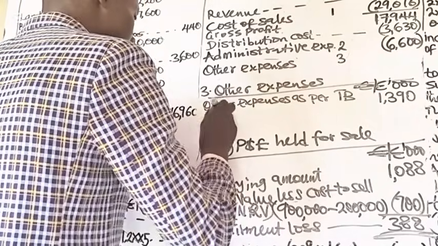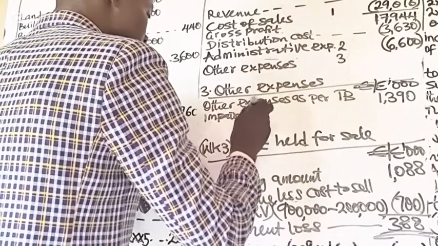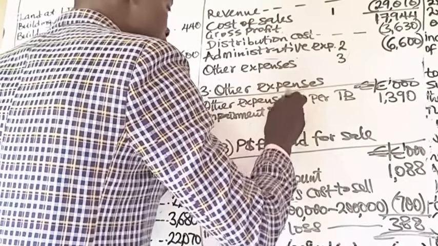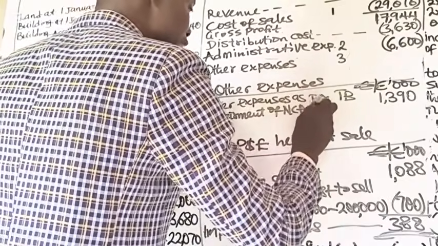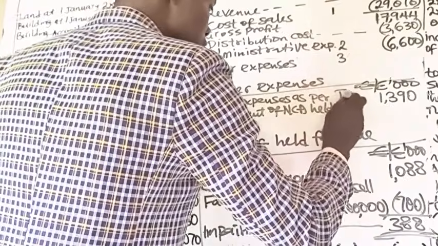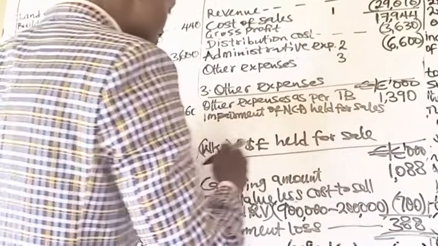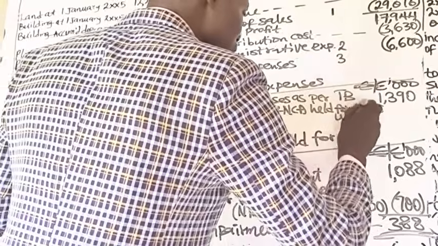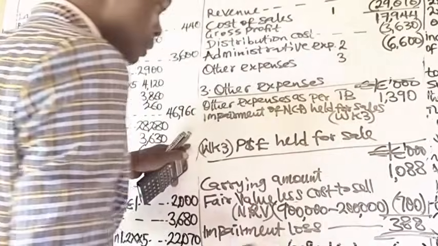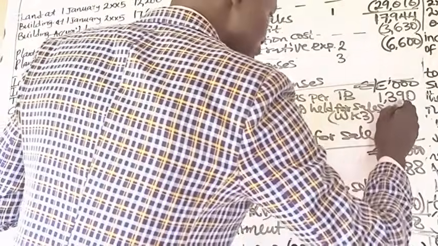Impairment of non-current asset held for sale. That is working number 3. Working 3, and we got 388.